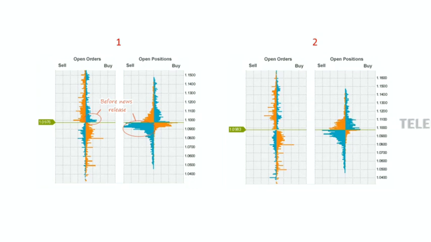It is essential to analyze the dynamics of the order book formation. You can do it by moving the mouse cursor over the chart in the DOMs tool that makes it possible to display the previous snapshots of the order book. The snapshot is a picture as of a certain time and date.